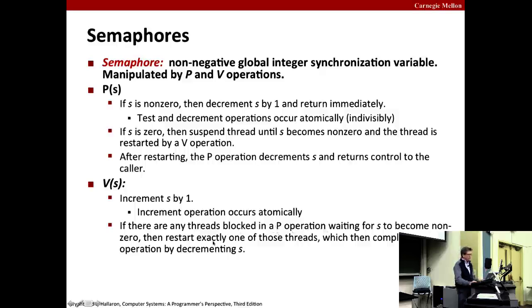Then it restarts exactly one of those threads in some indeterminate order, an order you can't assume. It just picks one using some selection algorithm, and then unblocks the suspended process, which then completes its P operation by decrementing S.